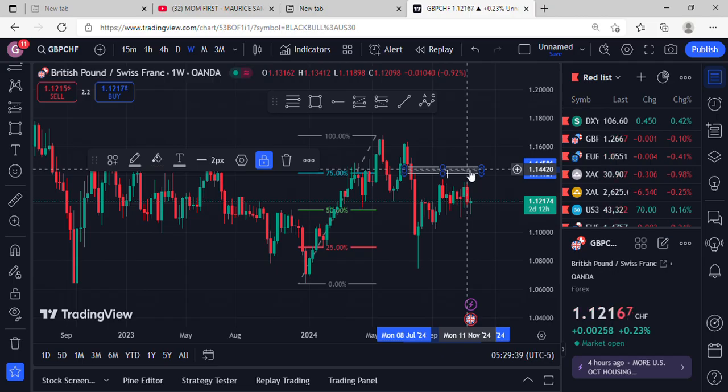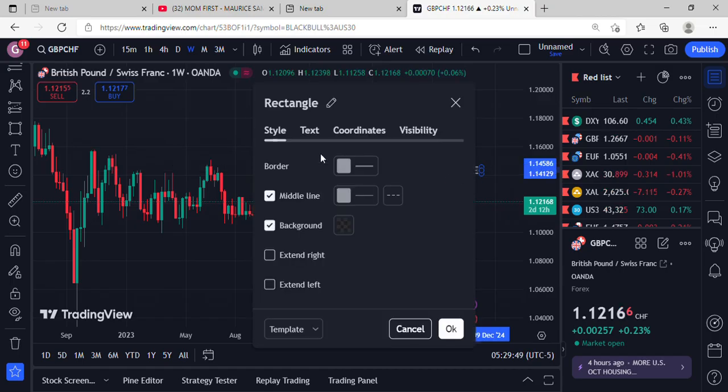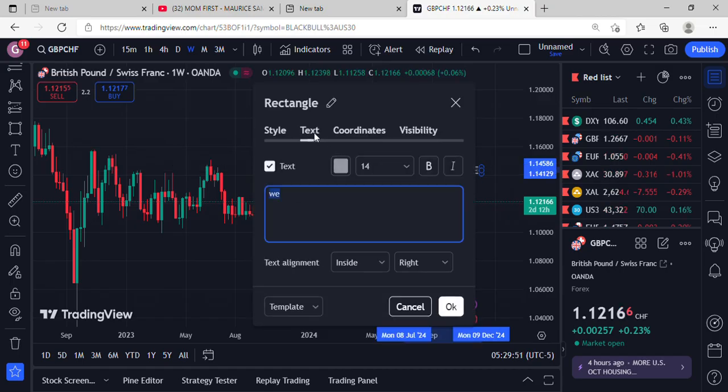So we have the weekly, let's say 75% gap, which is also the 10 minutes gap, right?